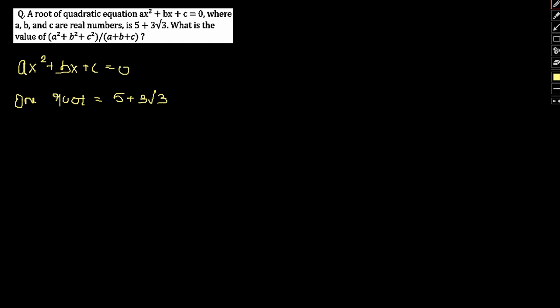So we know roots are actually given as minus b plus minus root of b square minus 4ac by twice a. Okay, so this is how we find out the roots.